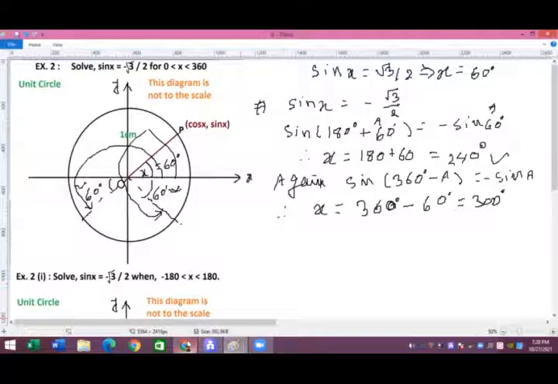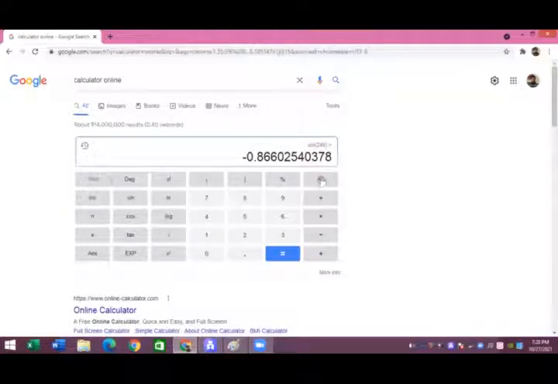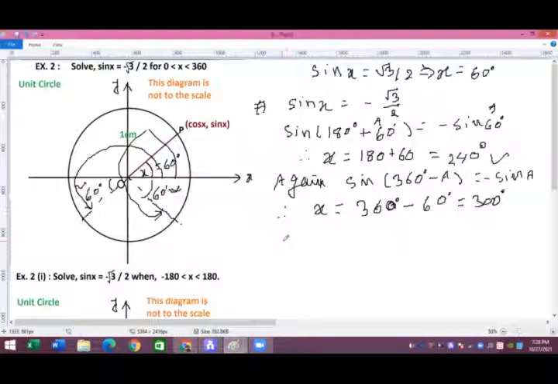And once again you can check this value with sine, making sure that your calculator is in degree mode, and checking for 300 degrees, yes, again it is minus root 3 by 2. So we checked for all the possible values of x between 0 and 360 degrees.